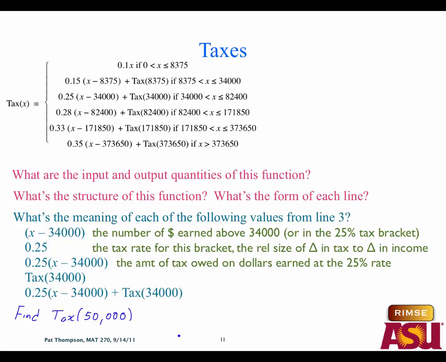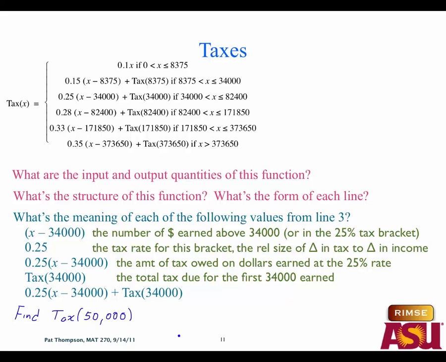So like the total amount you've paid up until the 25%. Right. Okay, so it's the total tax you pay for the first 34,000. So then you put it all together, and what do you get? So now we've got the amount of tax owed on dollars in the 25% rate, plus the total tax due on the first 34,000.